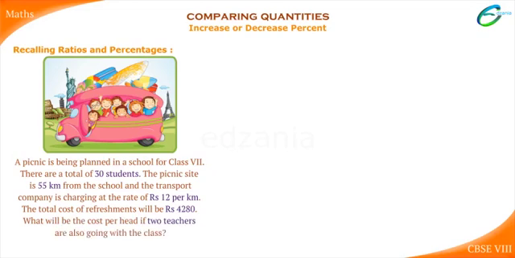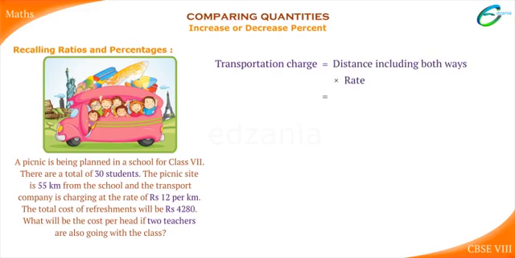Now, transportation charge is equal to distance including both ways multiplied by rate, which is equal to rupees 55 multiplied by 2 into 12. That is rupees 110 into 12, which is rupees 1,320.